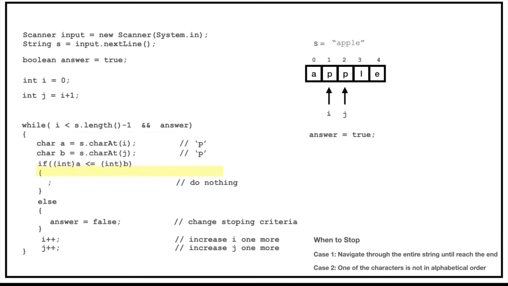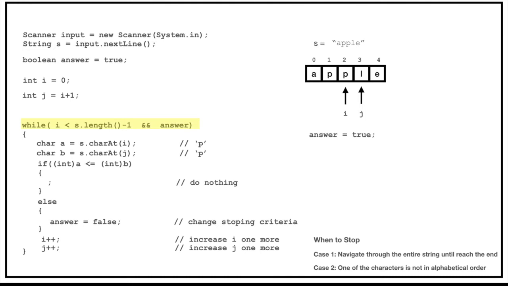So we can continue here and do nothing. After we finish doing nothing, we skip the else and just move here. We do I++, so now I is at position 2 and J++ is at position 3. Next time we visit the loop, remember that we're repeating here, we check if this remains true, and indeed it remains true.